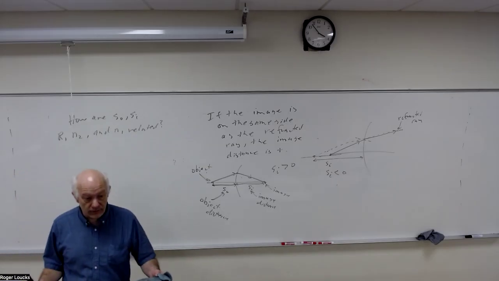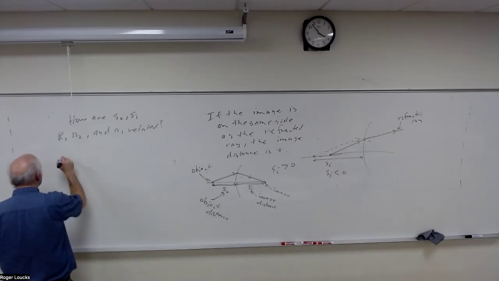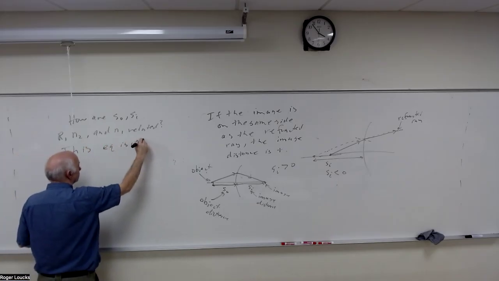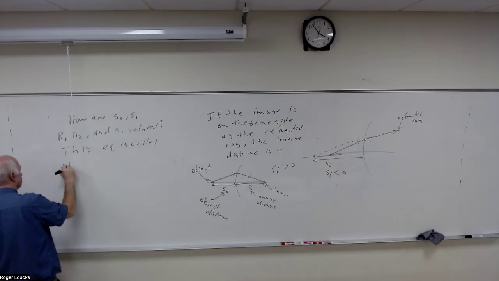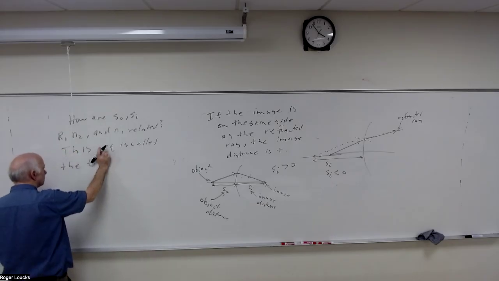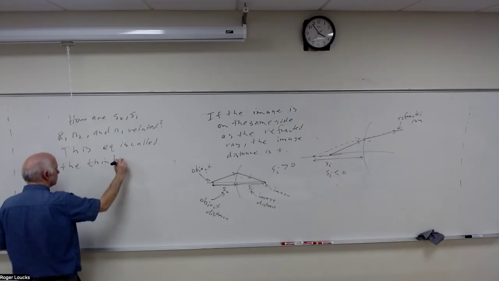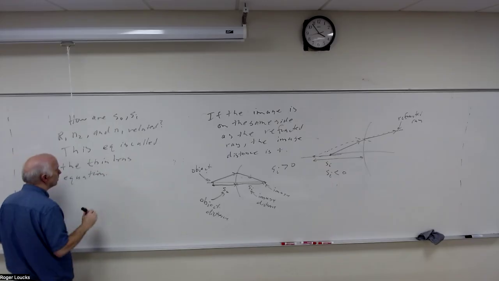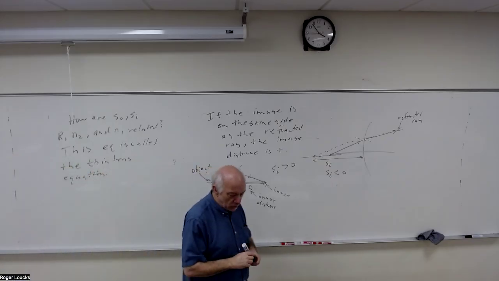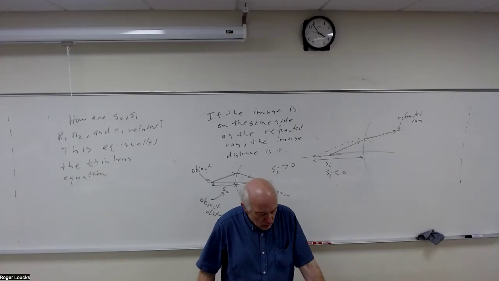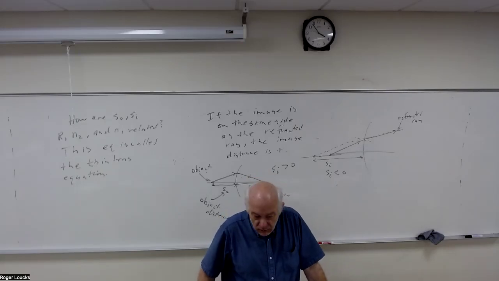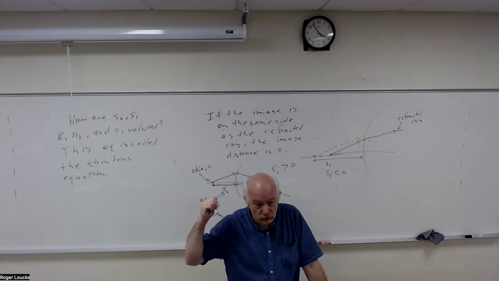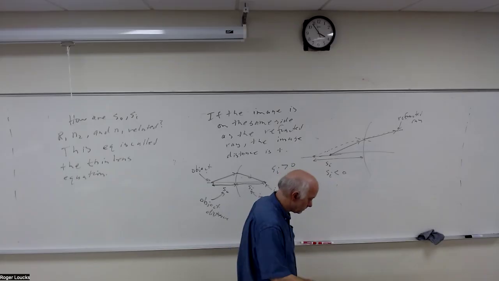That equation is called the lensmaker's equation. I'm doing this before we talk about dispersion, because one of the effects of dispersion is going to be affecting this equation, and I want you to see an actual practical application of it.